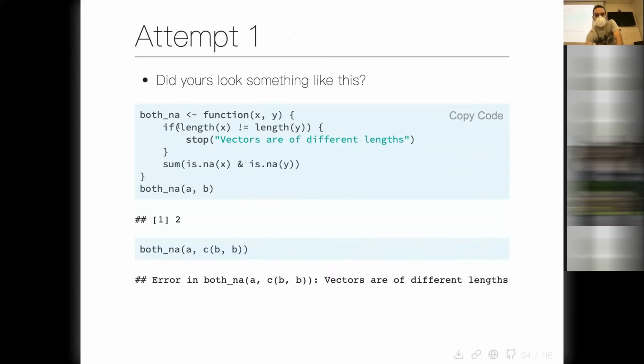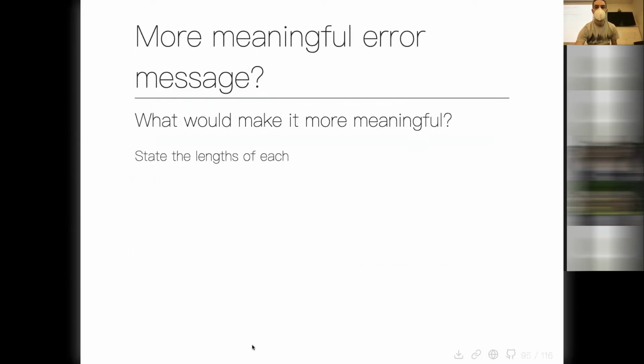If the length of x does not equal the length of y, then stop: vectors are of different lengths. Otherwise, you just do the same bits that we had before. Now that stops the evaluation of the function when they're not the same, and so we don't end up with that recycling problem. We could also, however, make the error message more meaningful.